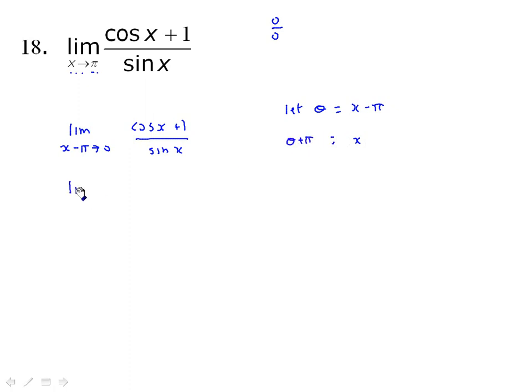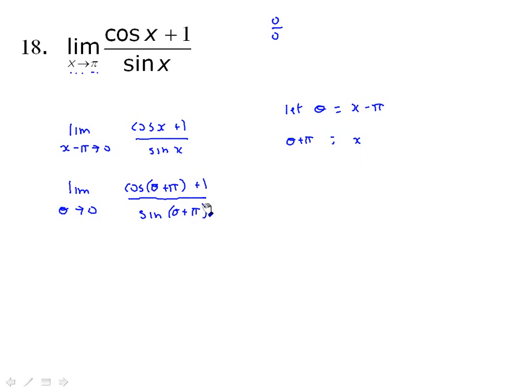So this expression now is going to be the limit as theta approaches 0, and then cos x becomes cos of theta plus pi, plus 1, and sine x on the bottom becomes also sine of theta plus pi. Okay, no cause for concern there.